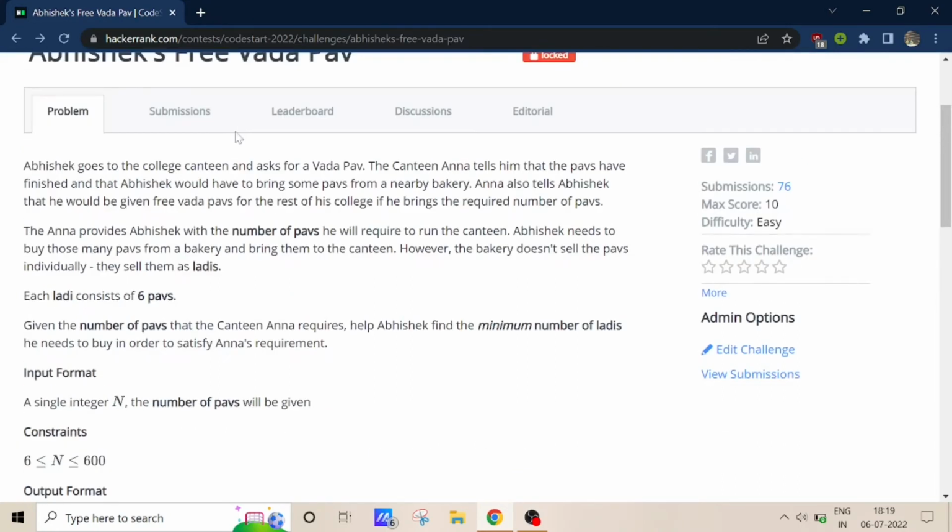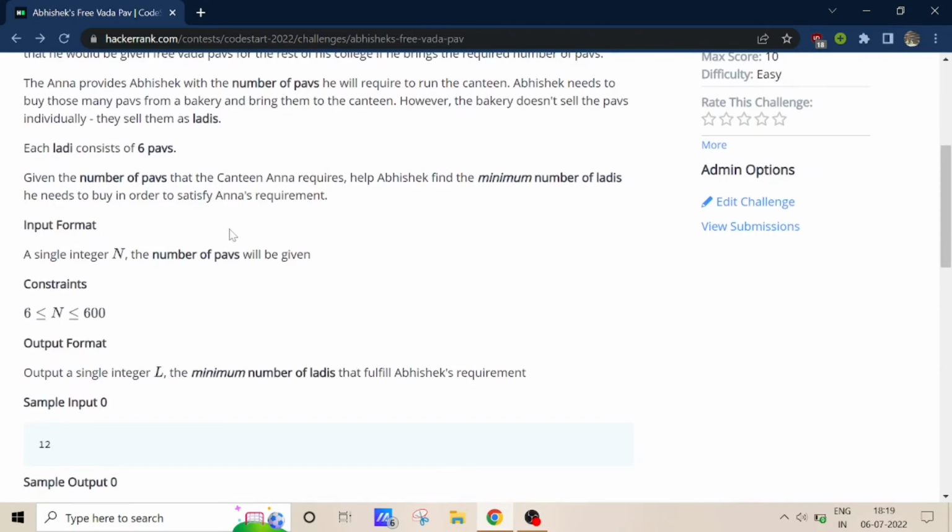So the question is fairly straightforward in terms of what it provides and what it requires. It would provide the number of pavs n that the canteen Anna would require, and we need to provide L, which would be the minimum number of ladis that would fulfill Abhishek's requirement.